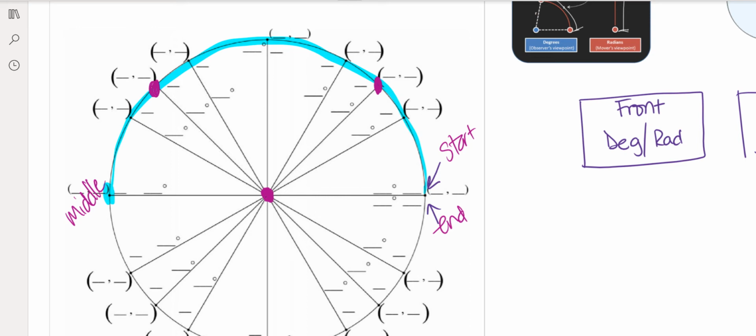We're getting a little closer. Be more specific with what you mean by the first sector. The start up to 90 degrees of the circle. Up to 90 degrees. Okay. Yeah. Now, what happens when I pass 90 degrees?